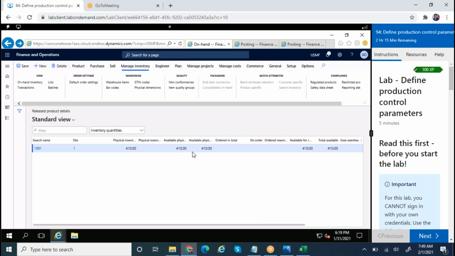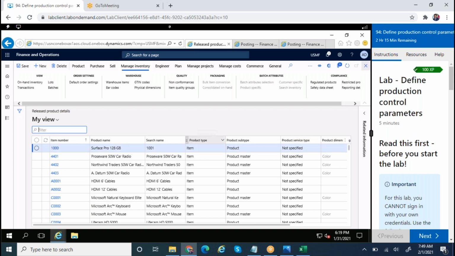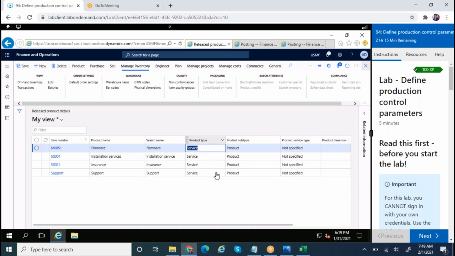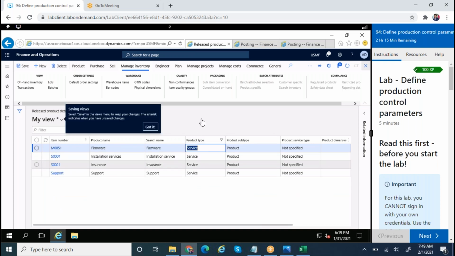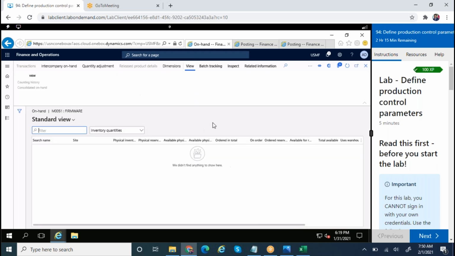But if I go to item, product type service, on hand inventory, sometimes it will display or sometimes it will not display, but it will be zero, nothing. You will not find anything.